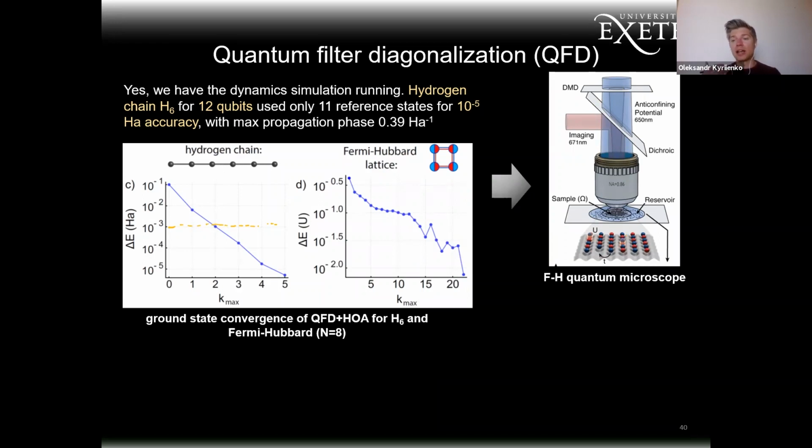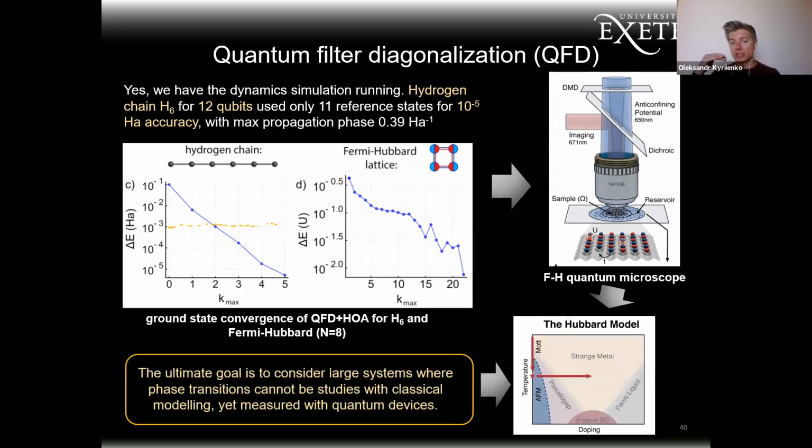We know how to measure overlaps in these systems, and the only required step is to combine propagation of the state with the overlap measurement, weight with some prefactors, and see the properties, namely the energy, but also some magnetization and correlations in the low energy case. So we will go down in temperature, but hopefully also change the doping and go into this d-wave superconductivity case. So that's the ultimate goal of this activity.